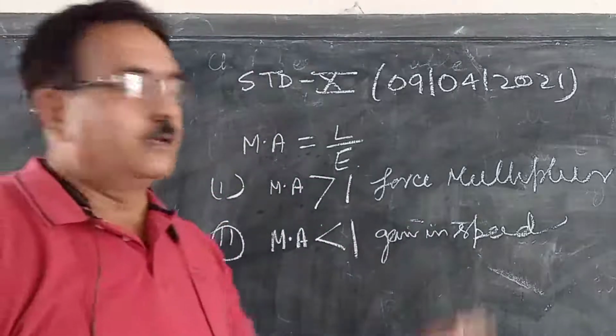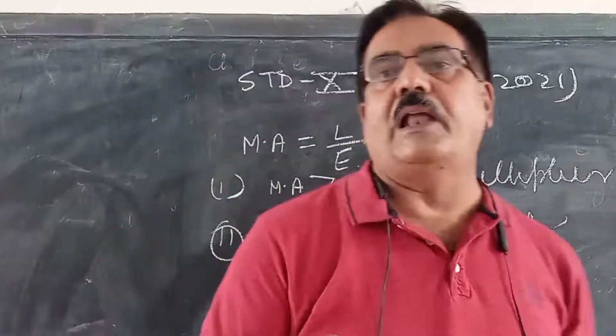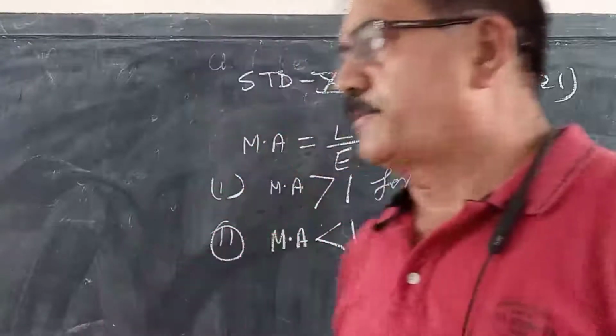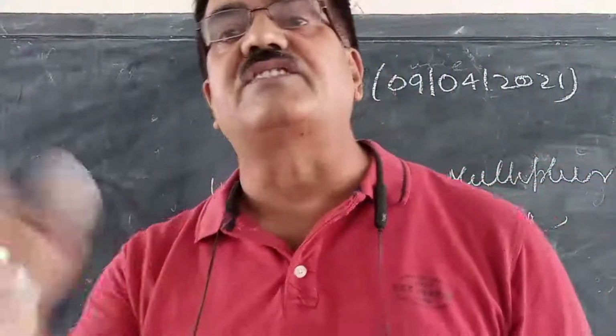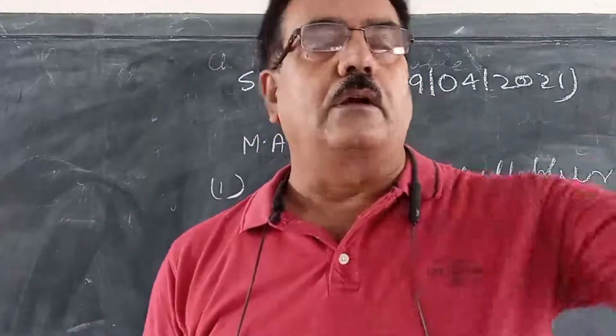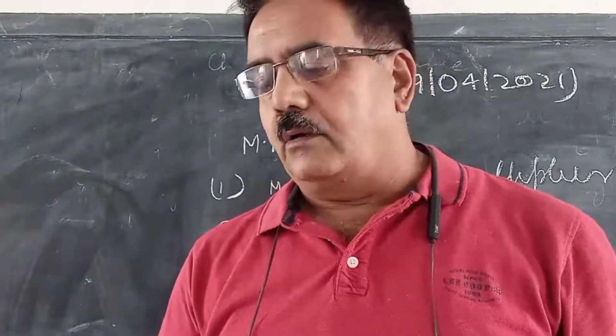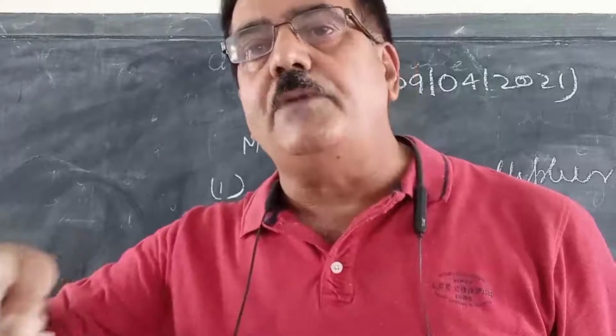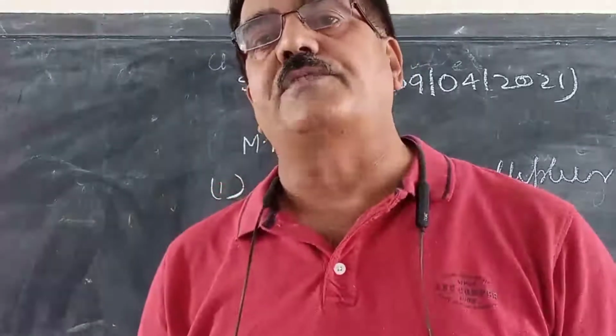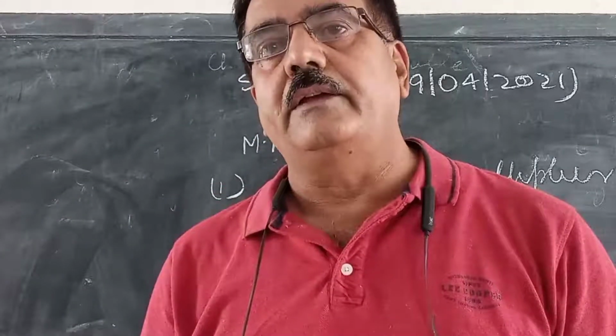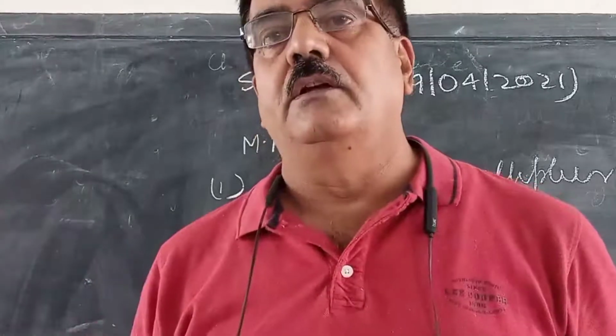You can take examples of force multiplier and gain in speed: scissors and shears. With scissors, to cut cloth, we can speedily cut the cloth. This is gain in speed.